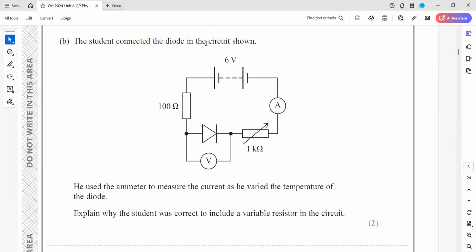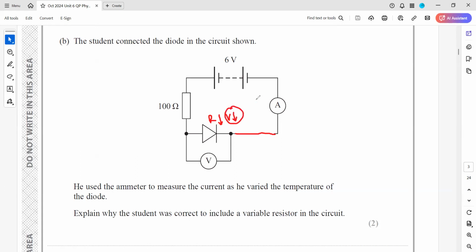Let's say there was no variable resistor here. Then as the temperature of the diode changes, its resistance will also change. With only two components, if the resistance of the diode decreases, the voltage across the diode will also decrease.